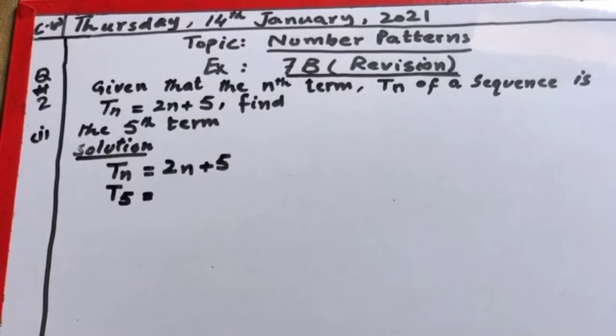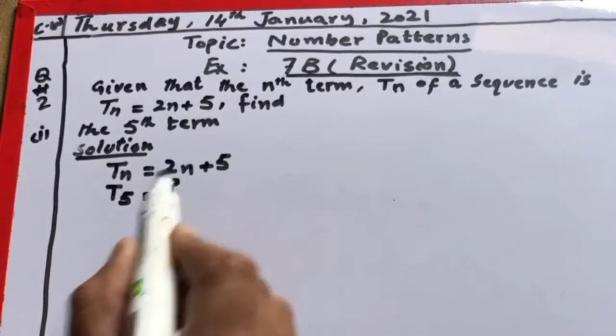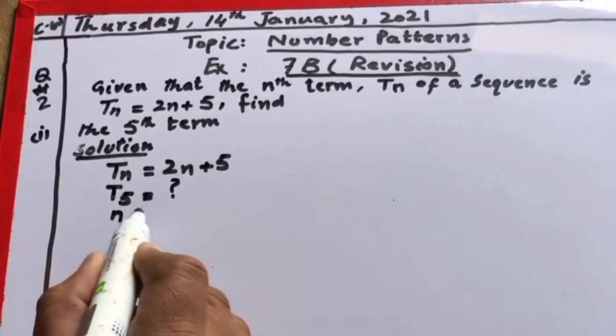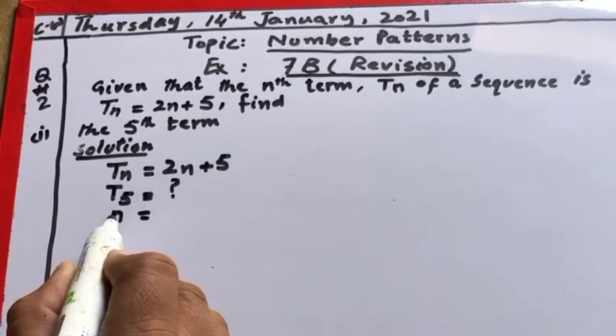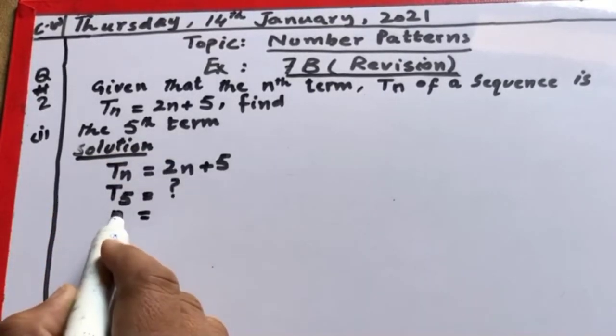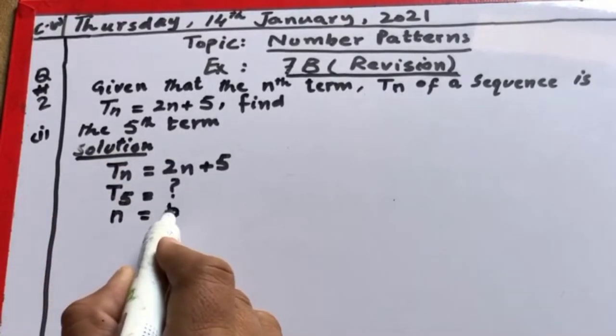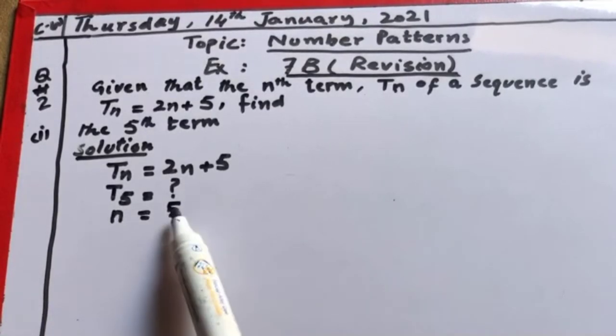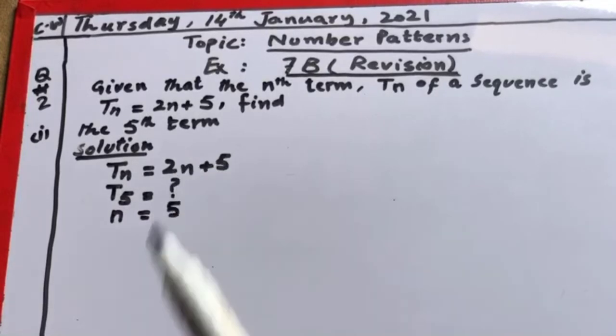Term number 5 we have to find, and the number of term which is represented by n is given. We have to find the fifth term, so n is 5. If we put this value of n in the general term formula, we can easily find it.